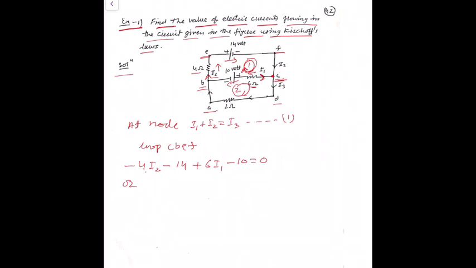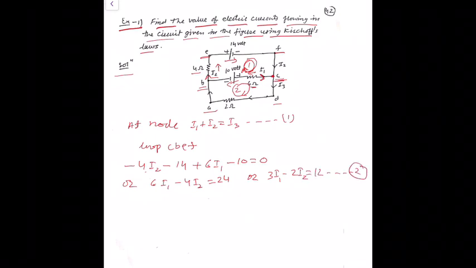We can write 6 I1 minus 4 I2 is equal to 24, or 3 I1 minus 2 I2 is equal to 12.